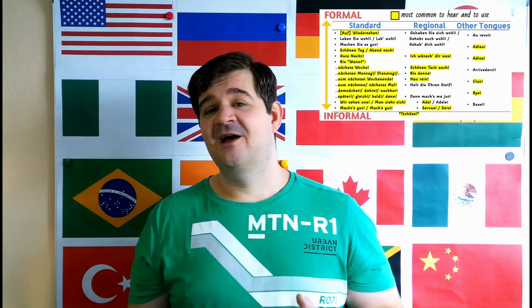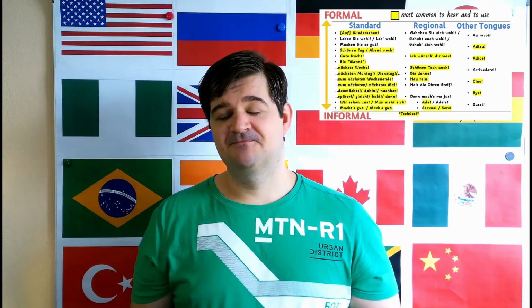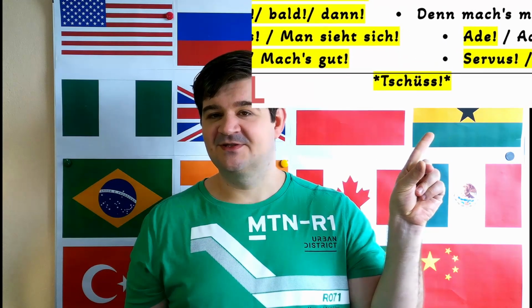Since we had a look at how to say bye in German last time, I realized I totally missed out to mention one of the probably most basic ones in German. I wrote it down, but I missed out to mention it. So here it comes.